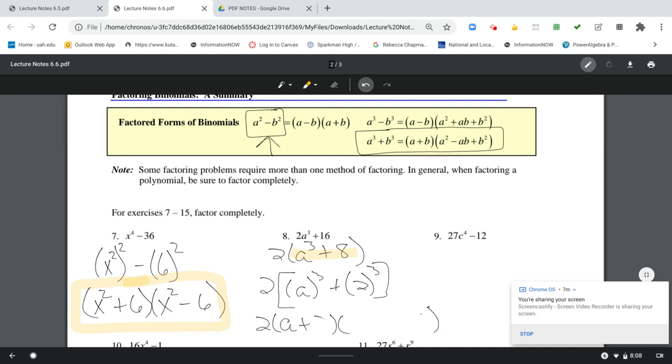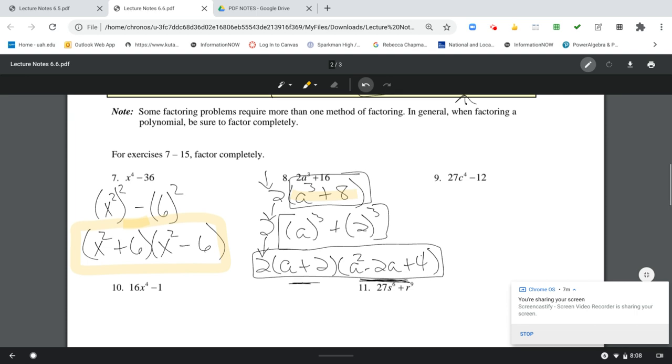So I would have a plus 2. Now remember, that 2 has been coming along as the greatest common factor the whole time. I do need to use this trinomial. So a squared minus 2a plus 4. And those would be my factors: my greatest common factor I took out at the beginning, my binomial factor and my trinomial factor of the sum of cubes, a to the 3rd plus 8, that I got when I took out that greatest common factor.